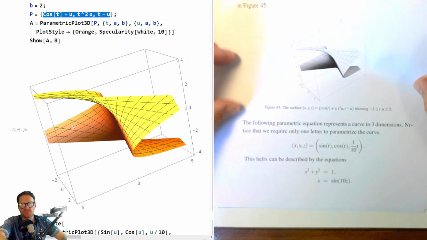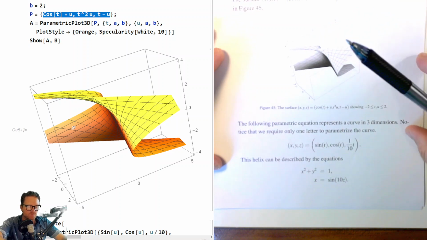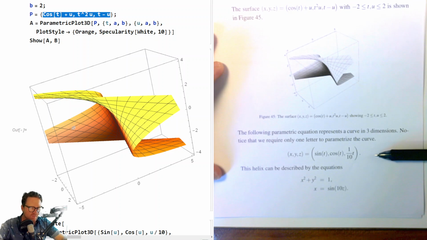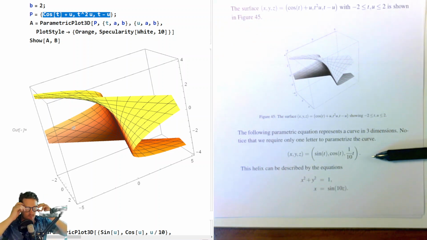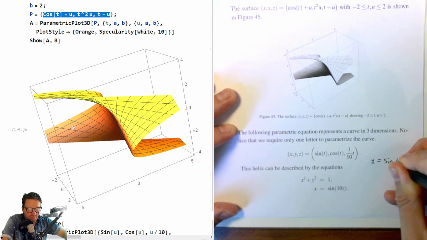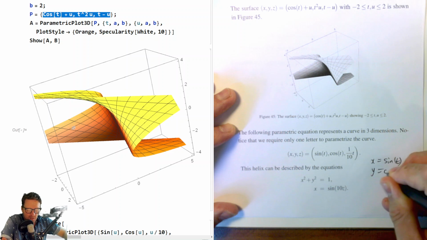Okay, now we can also parameterize curves in 3D. So take this, for example: x, y, z is sine t, cos t, 1/10 times t. Now, x is sine t here, and y is cos t.